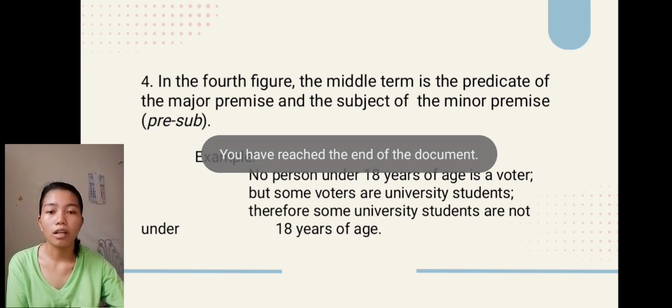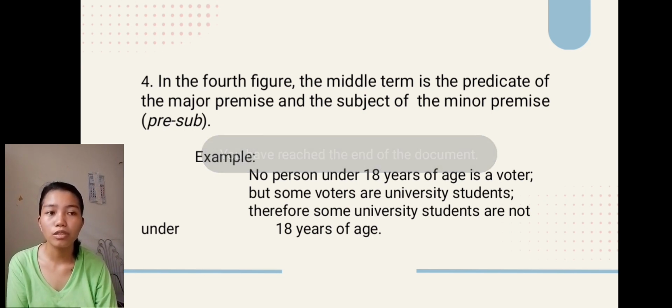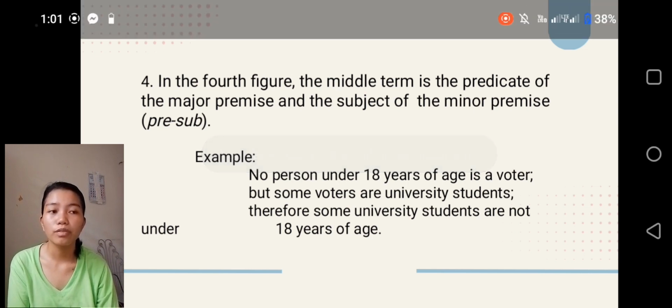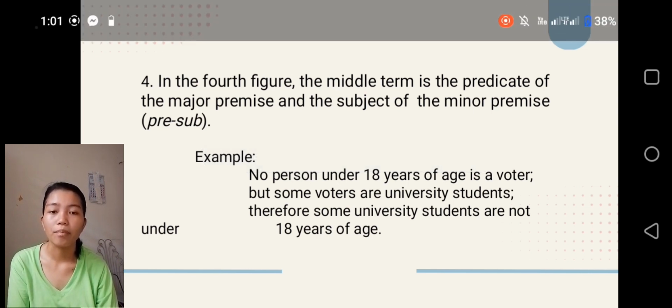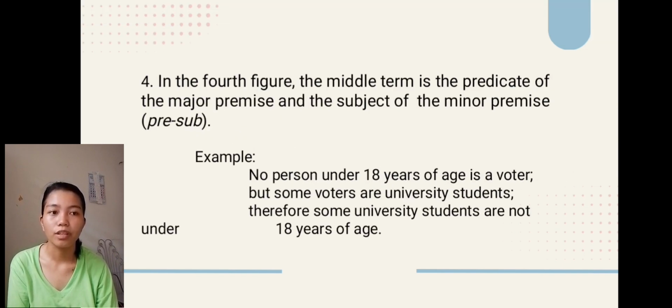In mood types, the major premise, no person under 18 years of age is a voter, is considered as universal negative. In minor premise, some voters are university students. It is considered as particular affirmative.